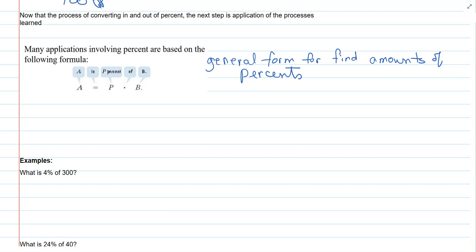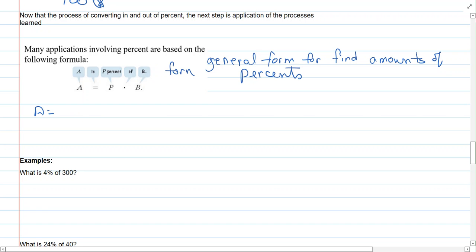And we have this form: A is P% of B. And this is a form where A is the amount, the amount value of the percent, and it's always around "is." All right. Okay.